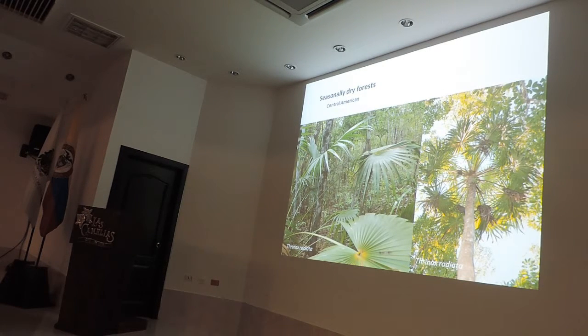And on the dry side up in Mexico, we find similar deciduous forest, but when you walk into it, it looks completely different from the dry forest in the south, because it is dominated by the coryphoid palms with palmate leaves. So you have a completely different feeling, as if it were a completely different forest.